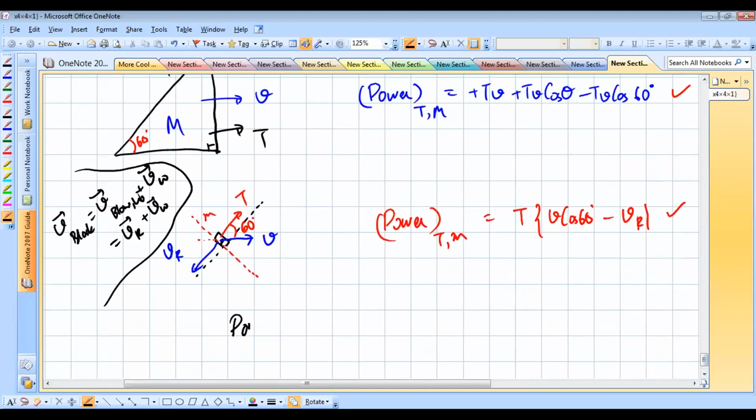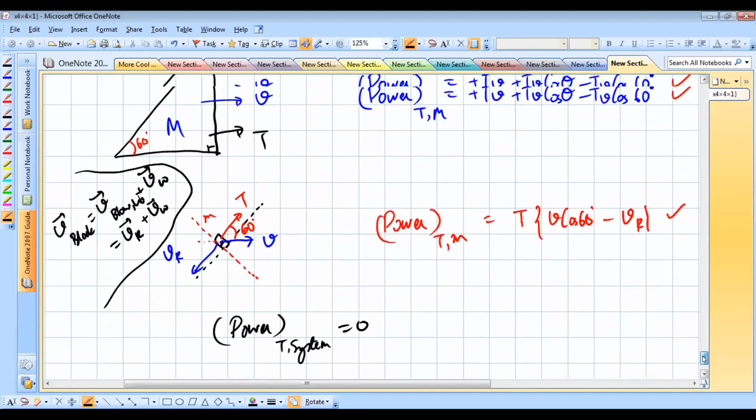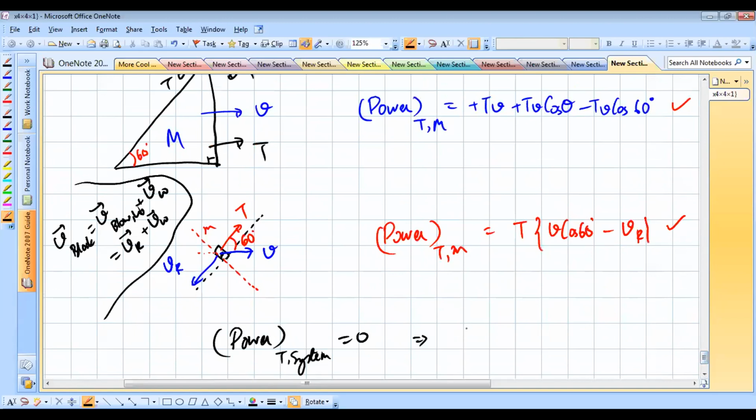So now the virtual power theorem is that the net power delivered by tension on the system should be zero. So let's see what that is giving us. So TV plus TV cos theta minus TV cos 60 plus TV cos 60 cancels out.